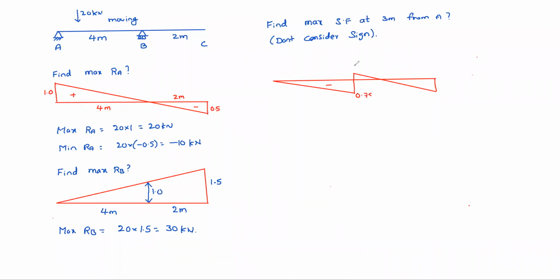It is 0.25 positive. This is again negative. So 1 meter 0.25 means 2 meters 0.5 here. So this is 3 meters, 1 meter, 2 meters.